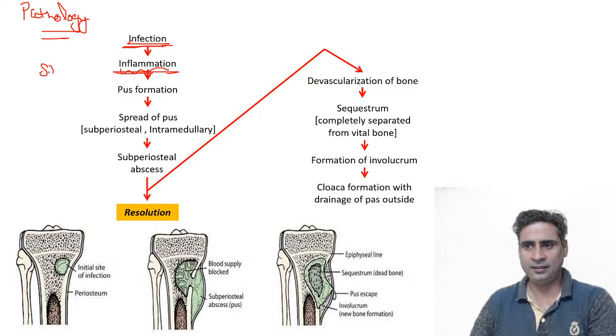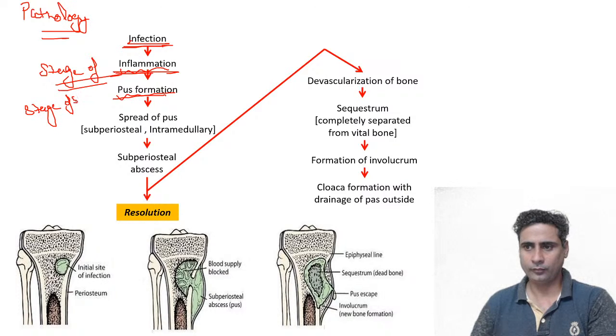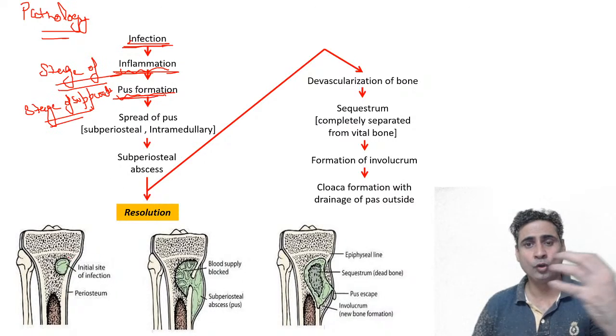So the first stage is the stage of inflammation, and as there is infection by a pyogenic organism, there will be formation of pus. So this is the stage of suppuration.